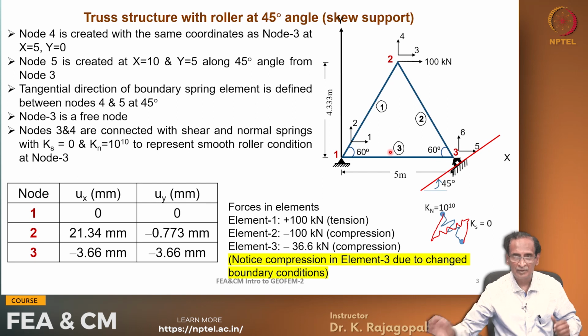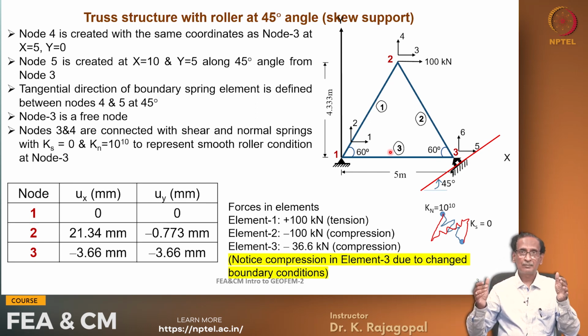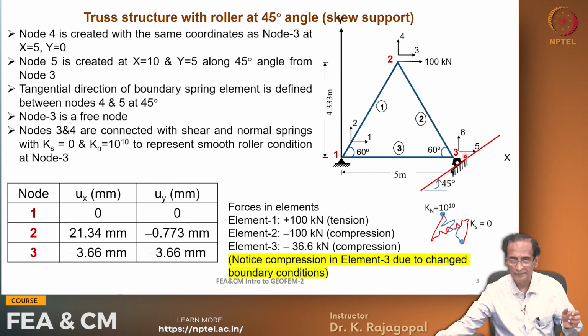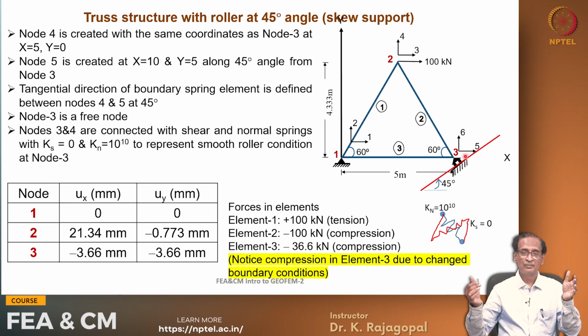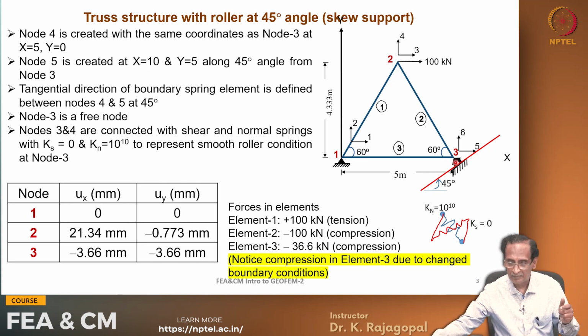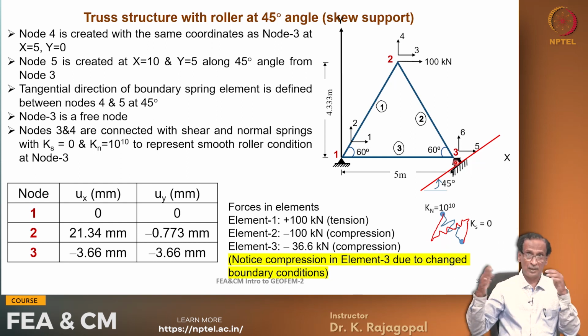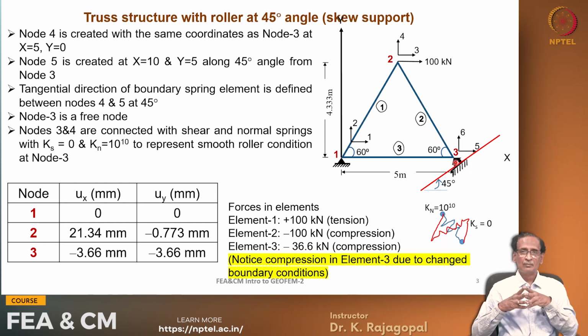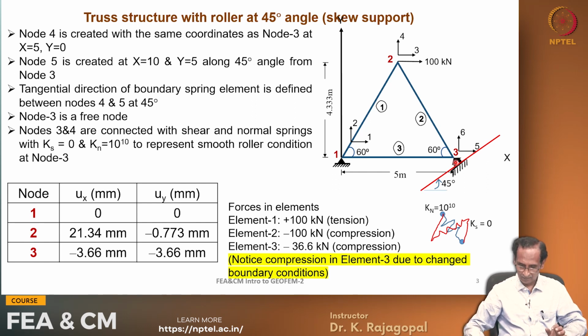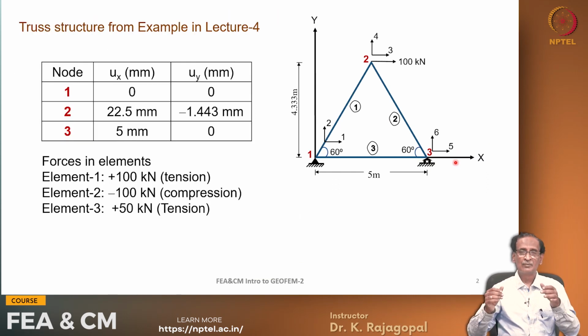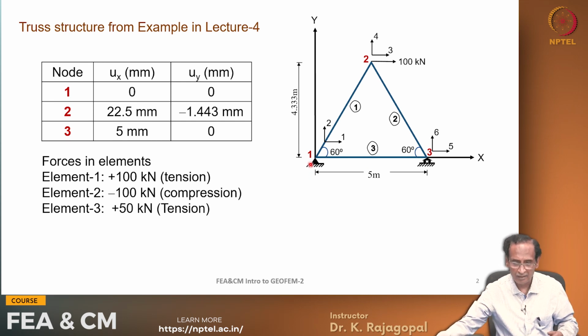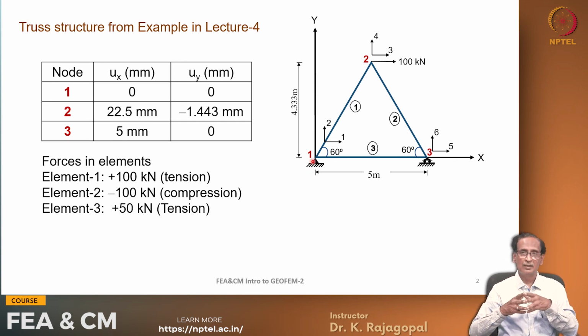Let us say that you have this structure built in a highly mountainous terrain, and the right hand side support is on a slope. So, you want to provide the roller parallel to the slope on the other side, and so we will have a problem because we did not discuss that, because in all the cases that we considered, the boundary conditions were applied along the Cartesian coordinates, along the x and y axis.